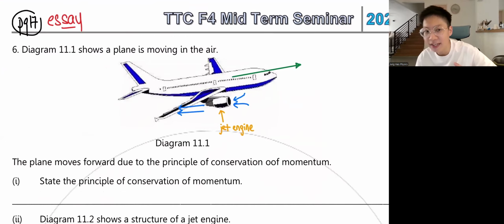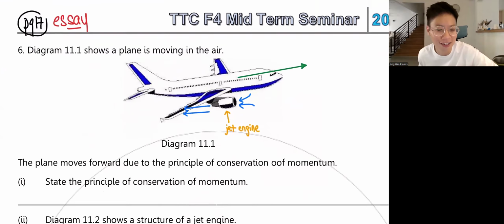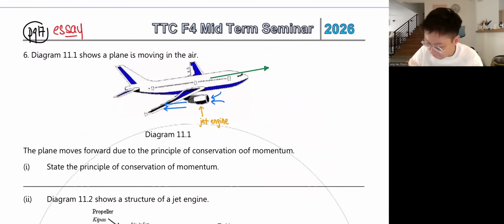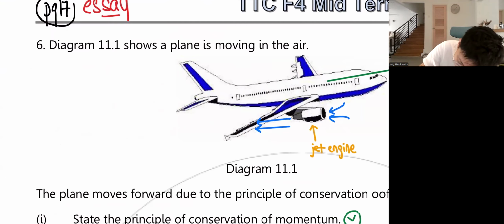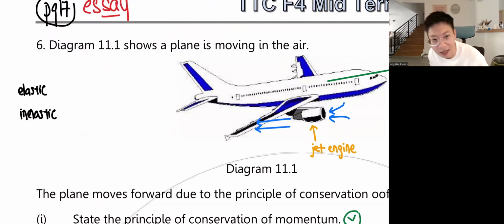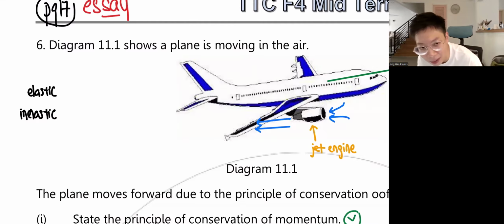And then immediately they can ask you the principle of conservation of momentum. So guys, what's that? If you have memorized the formula, you will obviously know this. Now, in our collision topic, a lot of teachers actually teach a bit badly. They force students to memorize these formulas, like what is elastic, what is inelastic, and so on.